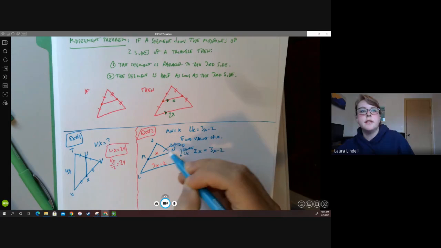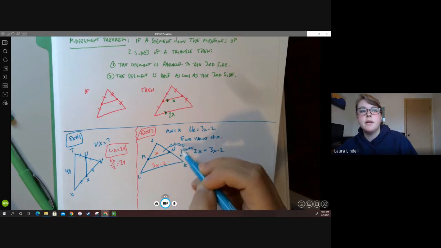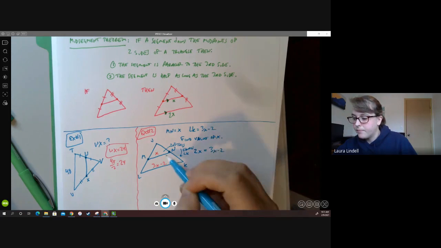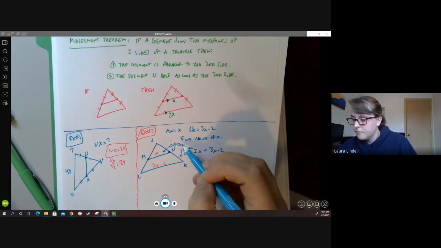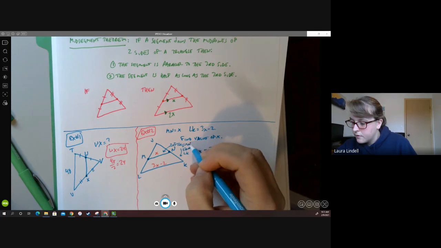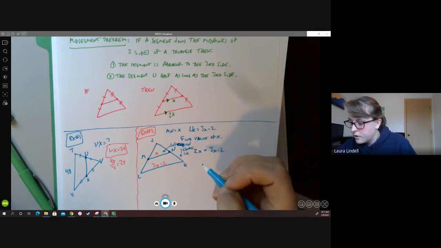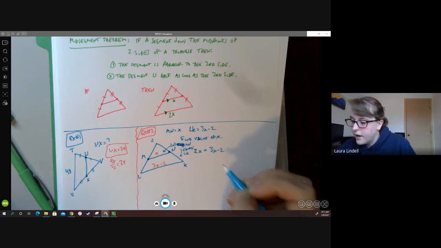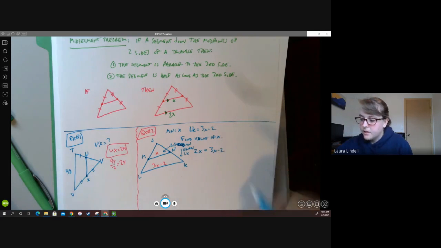Because 2 of this one here, MN, is going to be equal to LK. So 2 of MN equals LK. So 2x equals 3x minus 2.